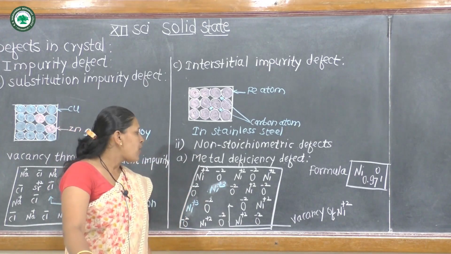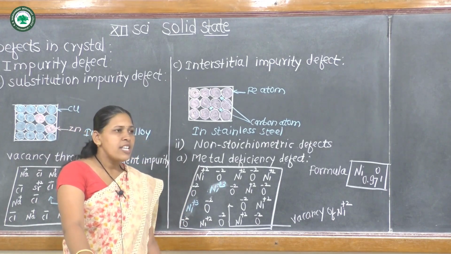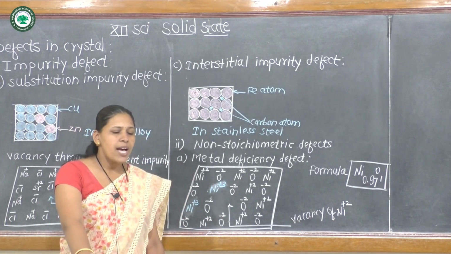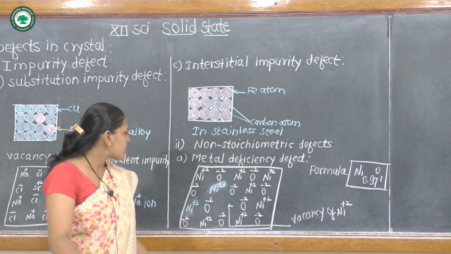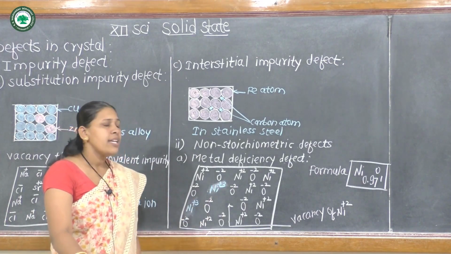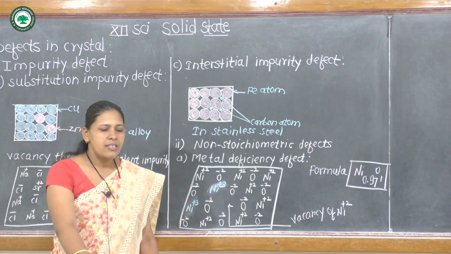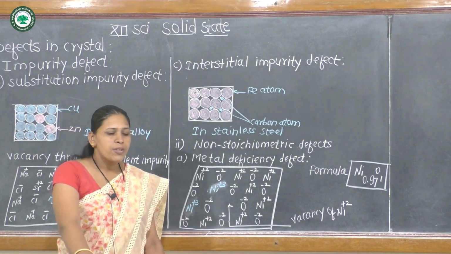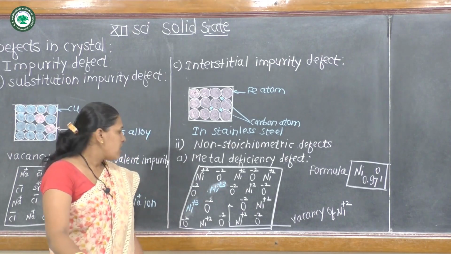In the compound nickel oxide, nickel +2 ion is replaced by nickel +3 ion. Then there is a deficiency of 2 positive charges.